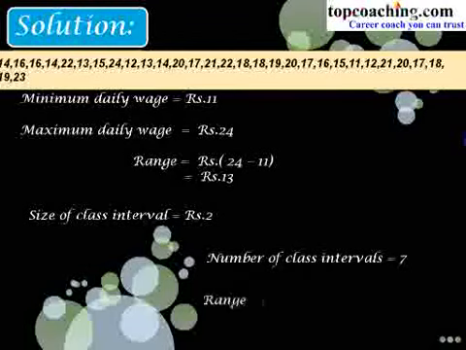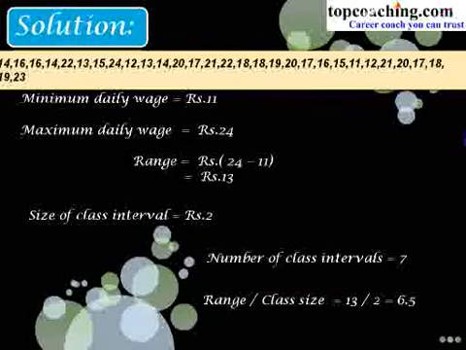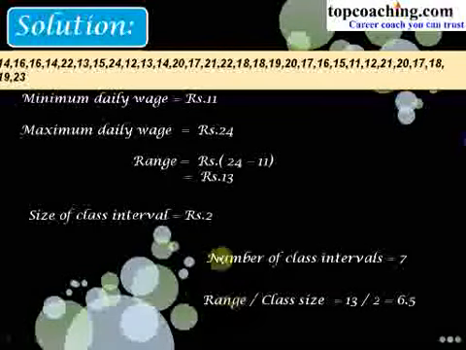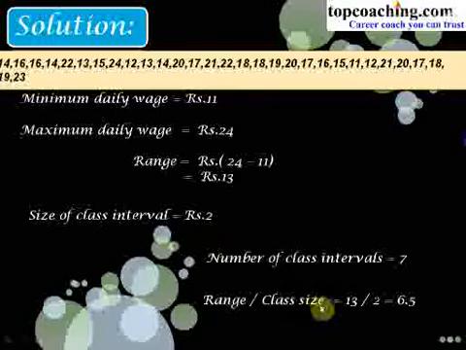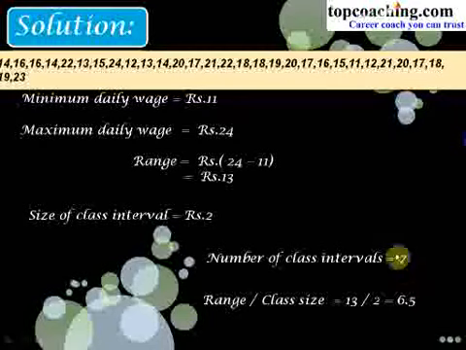How does it come? Range divided by class size, that is 13 by 2, which is 6.5. So we can take the approximate value 7. So there are a total of 7 class intervals with class size 2.